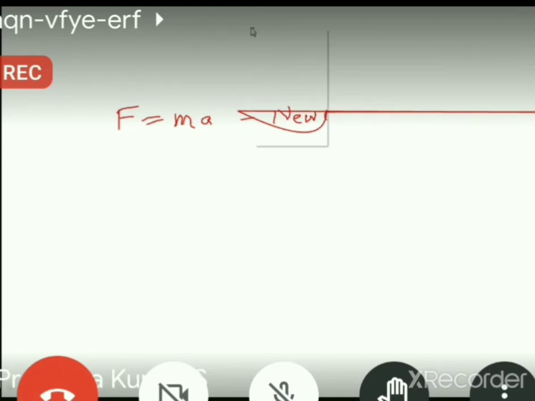So we know that F is equal to ma, that is from Newton's law.